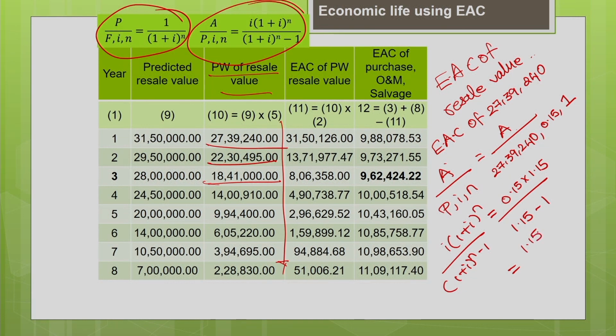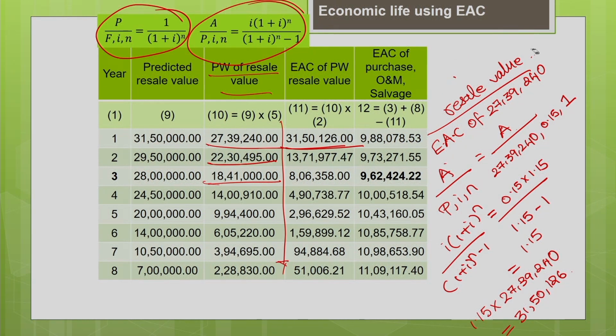So, this 1.15 multiplied by the present worth 27 lakh 39,240. Okay. So, this gives me the answer as 31 lakh 50,126.